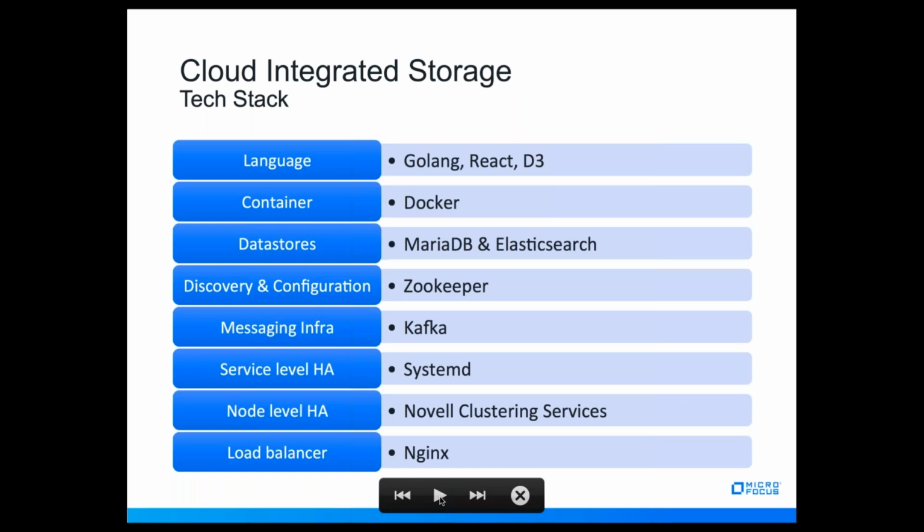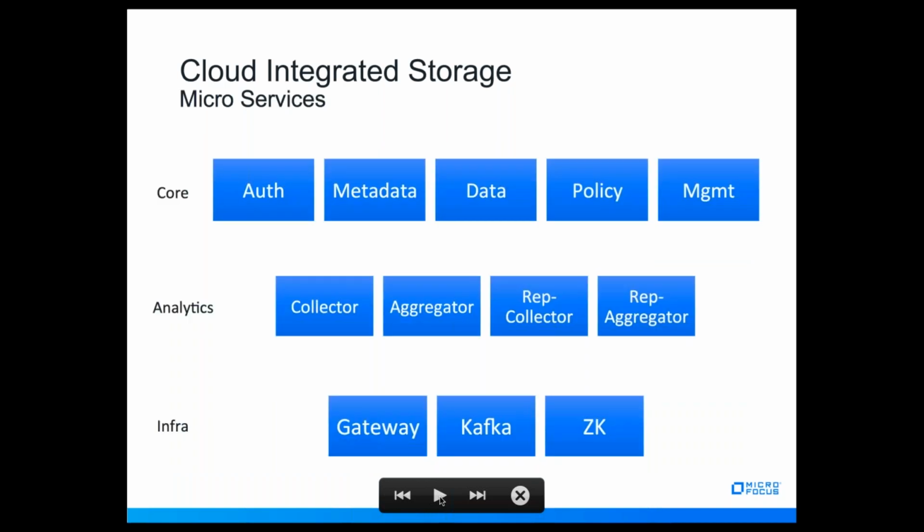All these microservices run as containerized applications, and these are the various microservices that comprise CAS. You can learn a lot more about it as you start to play with this capability in the future.